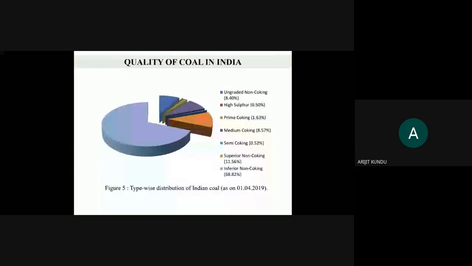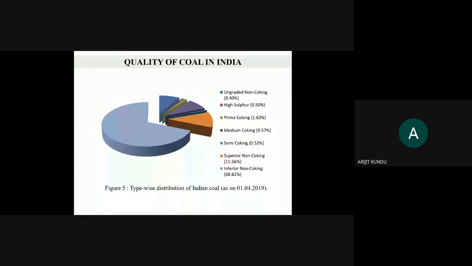Here you can see the quality of coal in India. You can see the highest percentage is inferior non-coking, that is 68.82%, and this shows that comparatively India's coal is relatively poor, and there is also sulfur, prime coking, medium coking, semi coking.